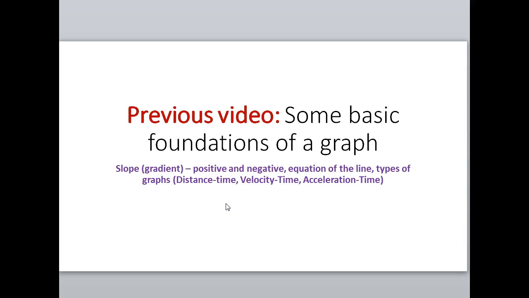But basically that was to give some general ideas of what to expect on the graph, because the information about speed and motion in physical science needs a very good understanding of the characteristics of a graph and the processes of the graph. So that was very important.